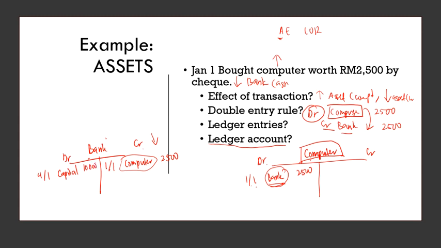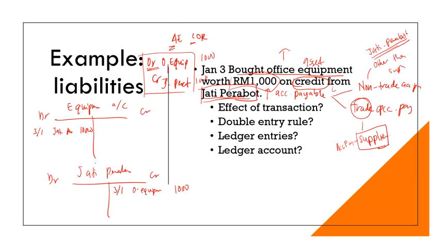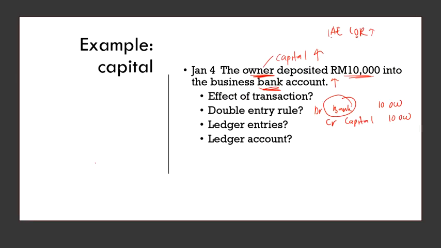Tujuan kita buat ledger ni sebab nanti kita akan nak buat balancing of figure. Sebab tu kita samakan bank, computer, equipment account, jati perabot account.